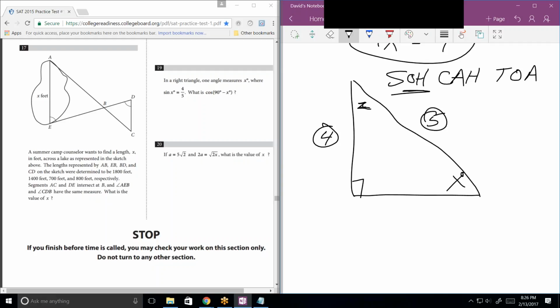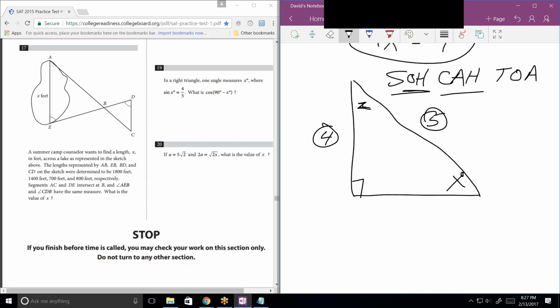So what's the cosine of z? No, we don't need to know the numbers on these angles. What they want to know is the cosine of 90 degrees minus x.